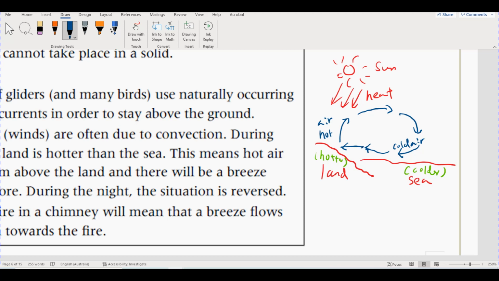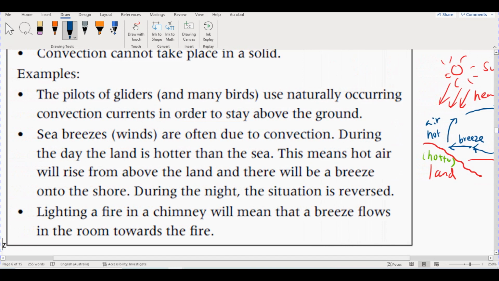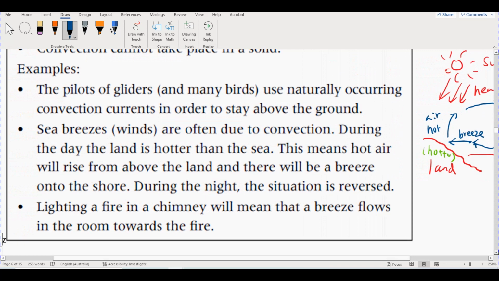So this becomes the breeze. That's why during the daytime the breeze is always from the sea, but it reverses during the evening.